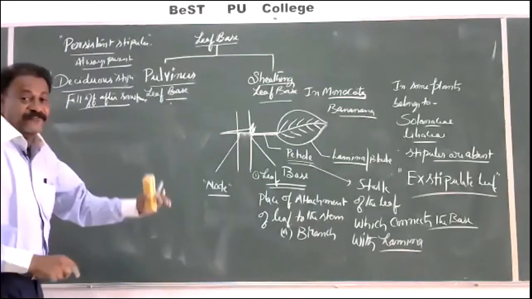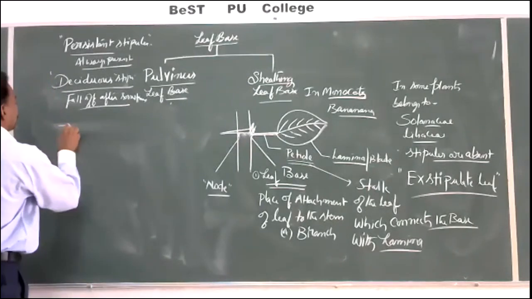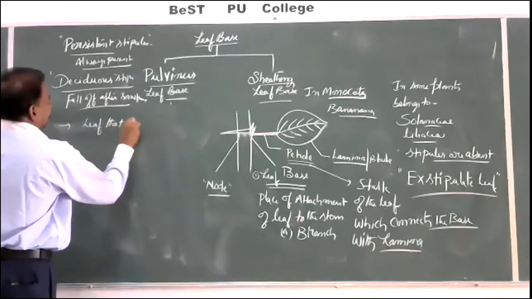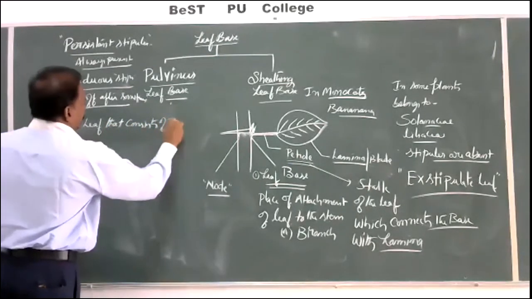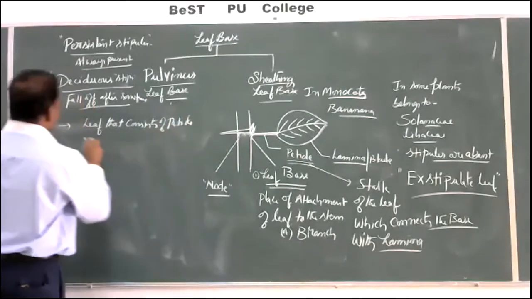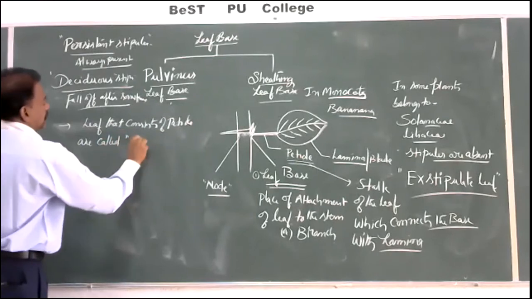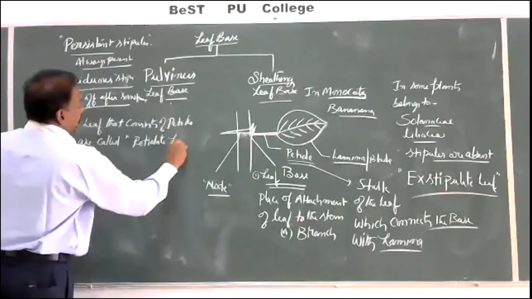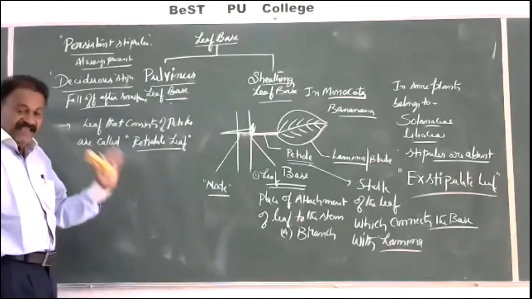Any leaf which is having petiole is called petiolate leaf. Leaf that consists of petiole is called petiolate leaf. Means a leaf is having petiole.